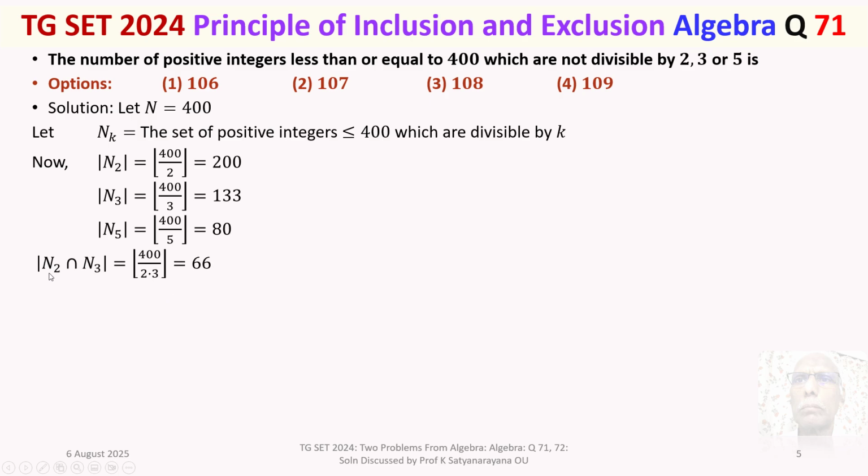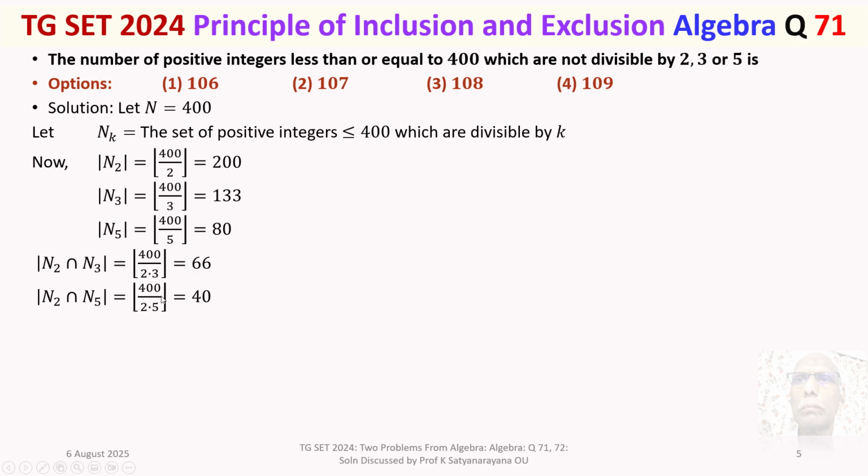Now, the number of elements present in N2 intersection N3 is given by the floor of 400 by 2 into 3, because 2 and 3 are relatively prime. Agreed? And that will be 66. For N2 intersection N5, 2 and 5 are relatively prime.